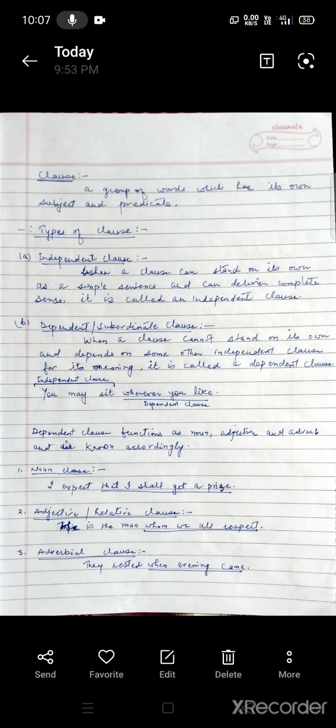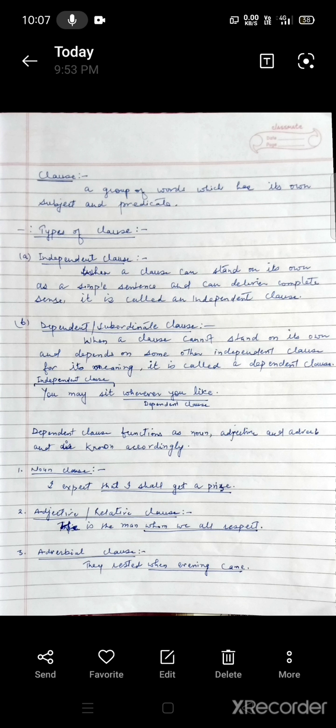Let's see the other example. We have the next sentence: He is the man whom we all respect. In this sentence, the clause "whom we all respect" is a dependent clause, which depends on the other part of the sentence for its meaning. This clause describes the noun which is there, man, which we call the antecedent.